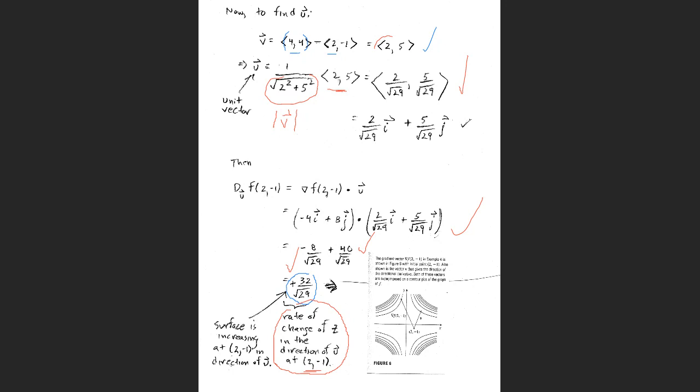And what they've done here in this contour plot, figure 6 in the textbook, is they've drawn the point 2, -1 right here, and they've drawn the vector v. The vector v points in the direction of 2, 5. You can imagine vector v here, going in the direction of 2, 5.